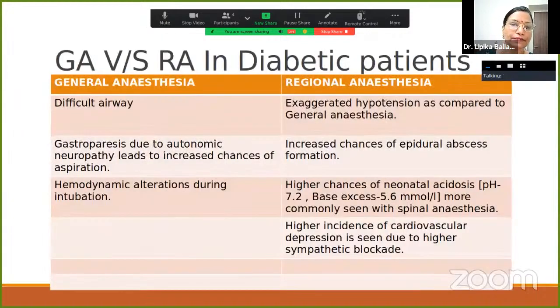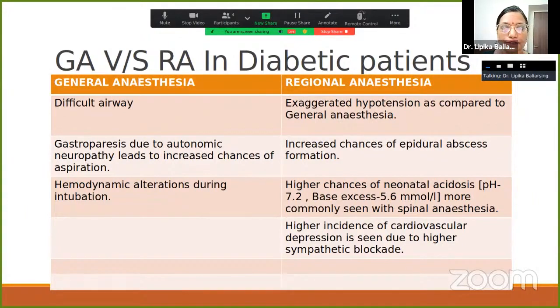If we compare general anesthesia with regional anesthesia, general anesthesia is very risky in these patients as there is difficult airway due to all the changes I described before. And there is gastroparesis due to autonomic neuropathy that leads to increased chances of aspiration in these patients. And hemodynamic alterations are very, very problematic during intubation and afterwards also.